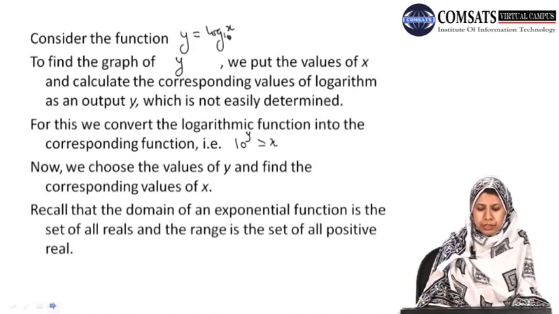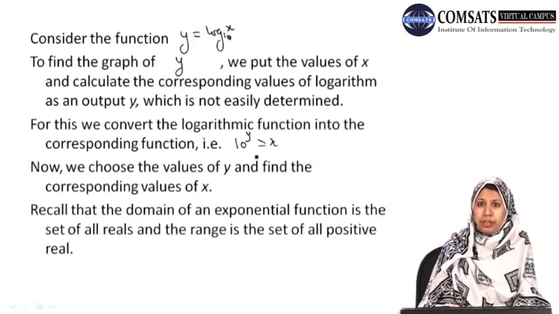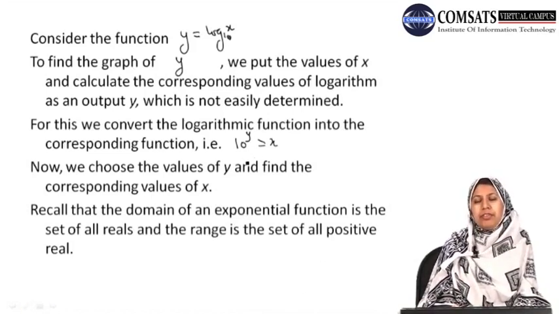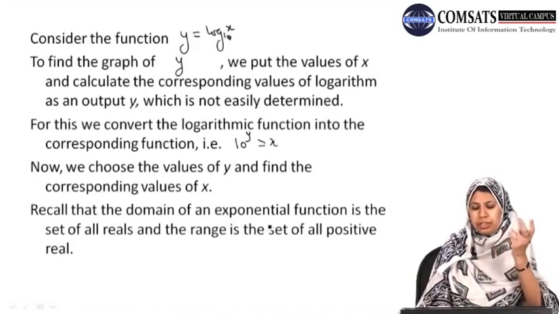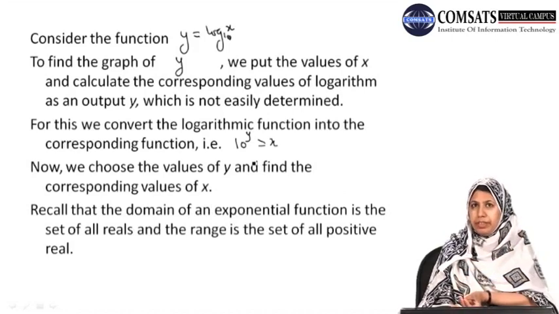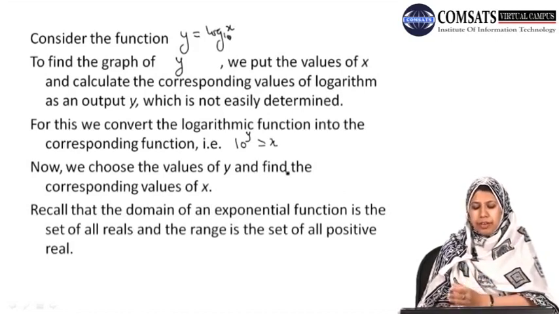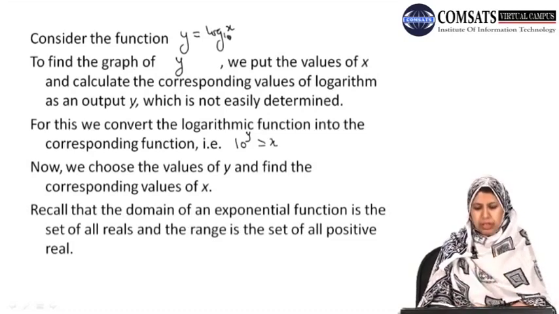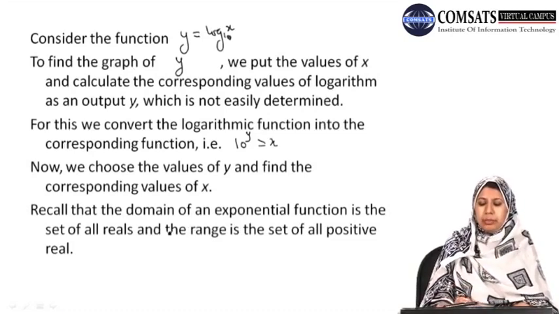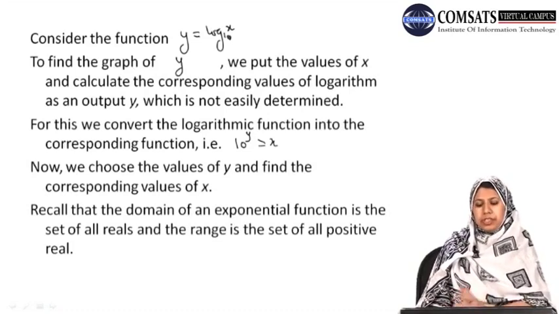We choose the values of y and find the corresponding values of x, somewhat the opposite. We give the values of the dependent variable and find the corresponding values of our independent variable x. Now 10 to the power y equals x is an exponential function.